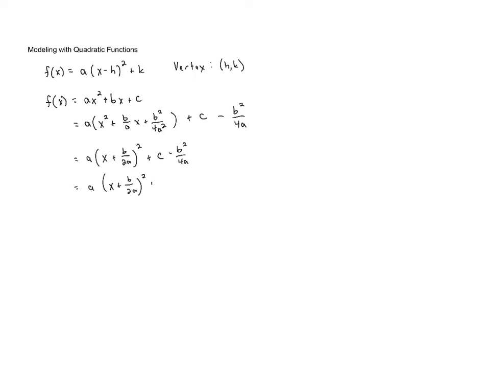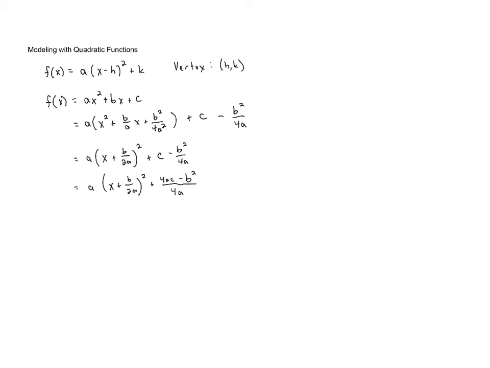All right. If we combine these as fractions, the least common denominator is 4a. And if we write c as a fraction, it's going to be 4ac over 4a. So we're going to have (4ac minus b squared) over 4a. And this is how we can write a generic quadratic function, ax squared plus bx plus c, in standard form.